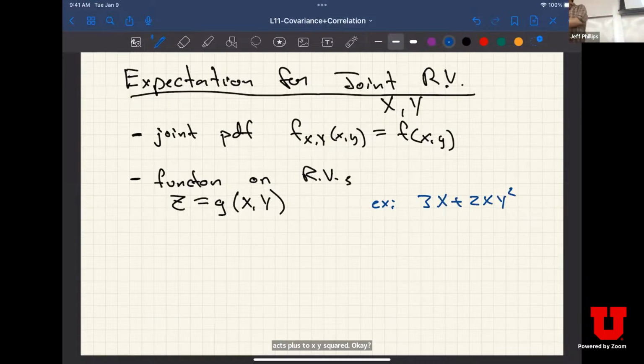This is a function, g of x, y equals this value, and this will be a new random variable Z.